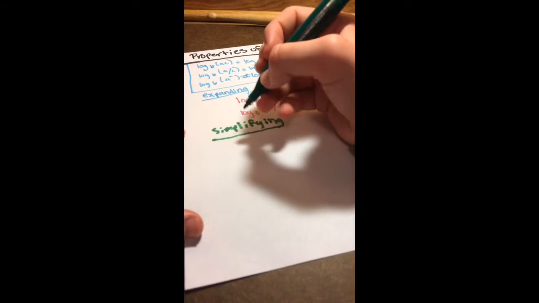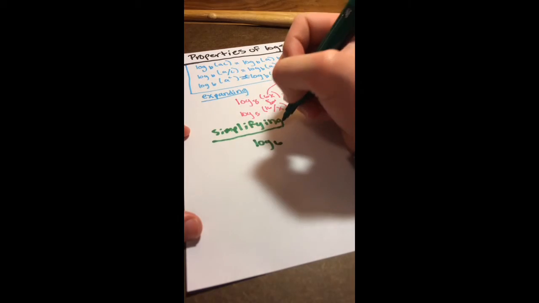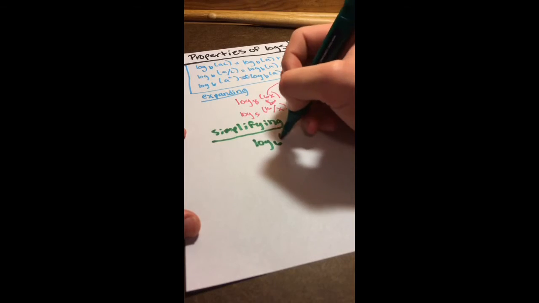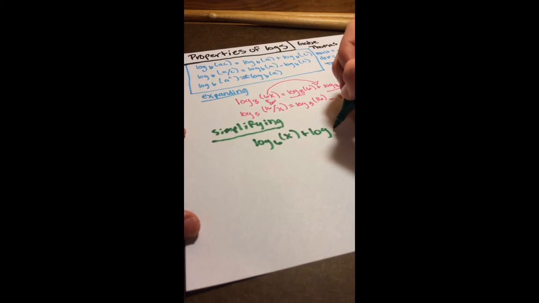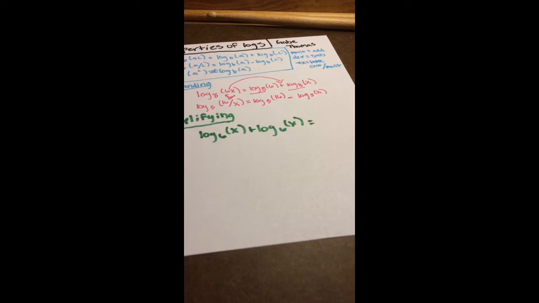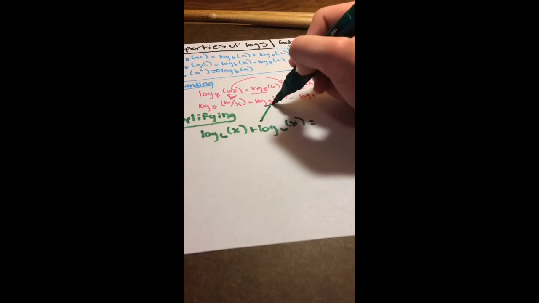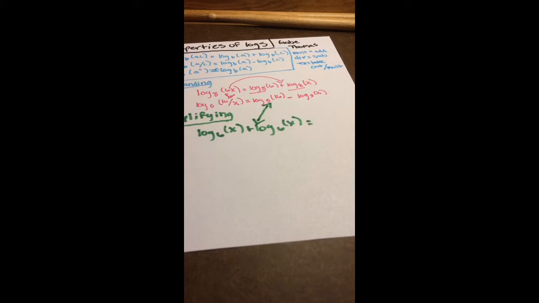Let us say, I don't know, log base 6 of x plus log base 6 of y is going to equal what? We've got right here the same exact thing that we have on the right side, and all we're really doing is just putting it on the left side.